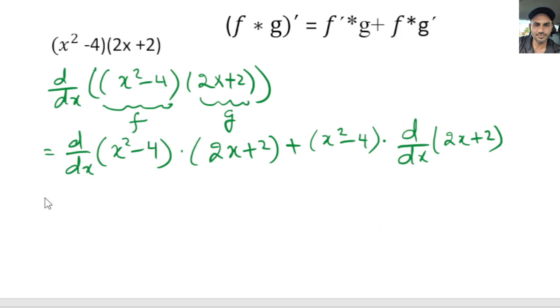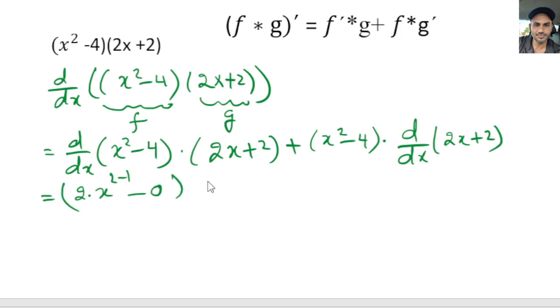So now when we take the derivative of x squared minus 4, it's basically just the derivative of x squared, because the derivative of a constant is 0. The derivative of x squared would be 2 times x to the 2 minus 1, and that would be just x to the 1, and the derivative of the constant 4 is 0.